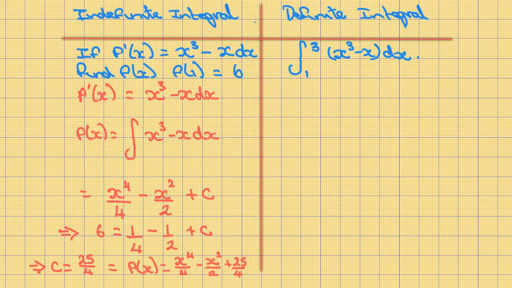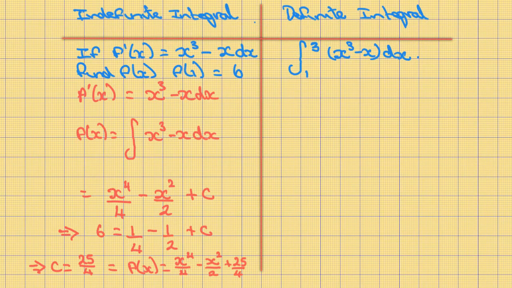In a definite integral question, you are finding a numerical value. The integral between 1 and 3 of x cubed minus x dx is the area under the curve from x is 1 to x is 3 of the function x cubed minus x.